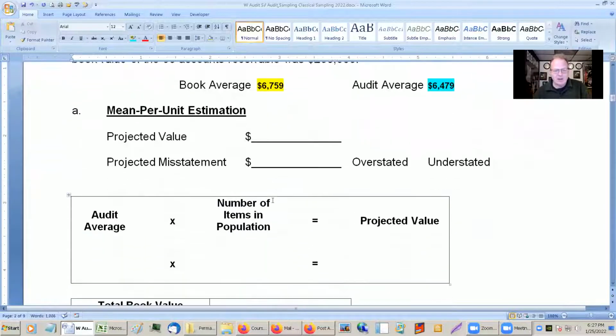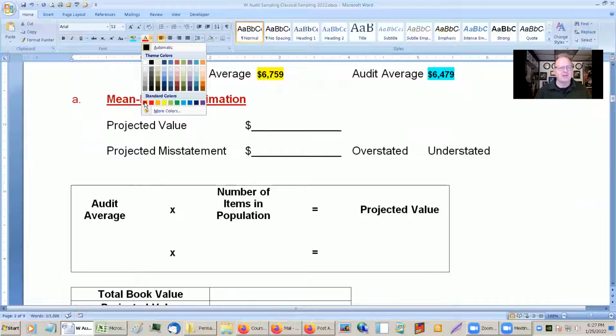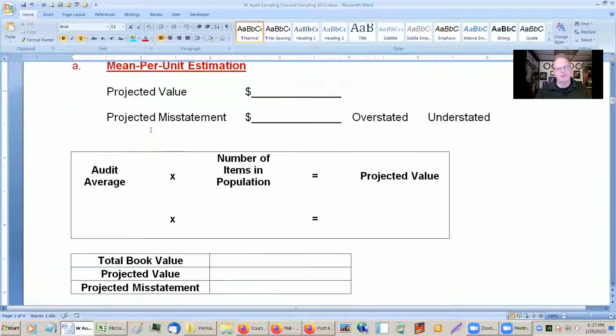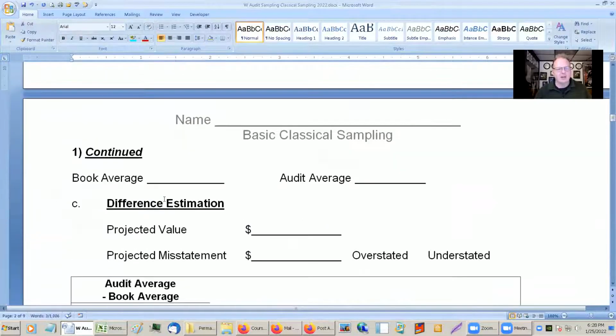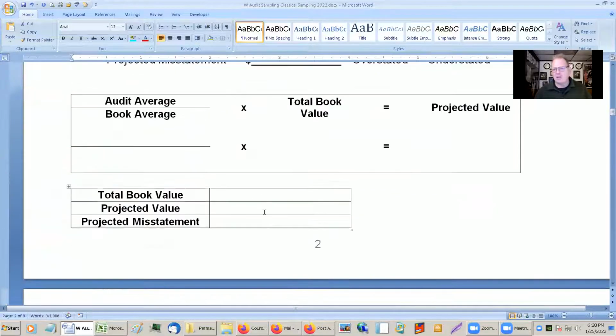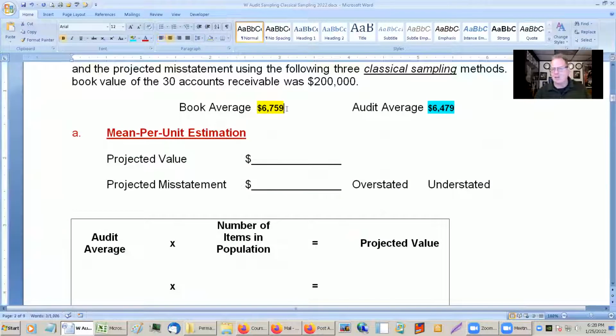Okay, so coming down here, this is how we actually do the mean per unit estimation. There are 3 different methods. We'll talk about mean per unit, ratio estimation, and the following page will have difference estimation. These 3 methods get tested occasionally on the CPA exam.